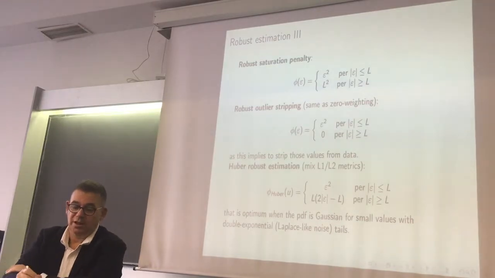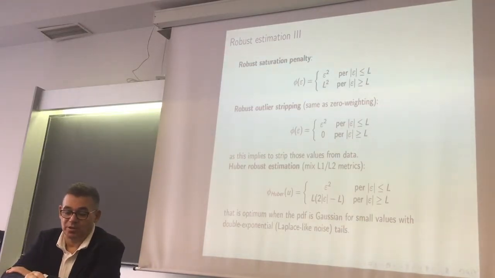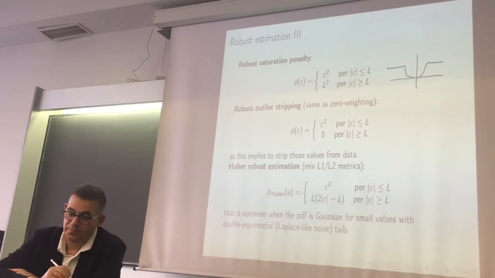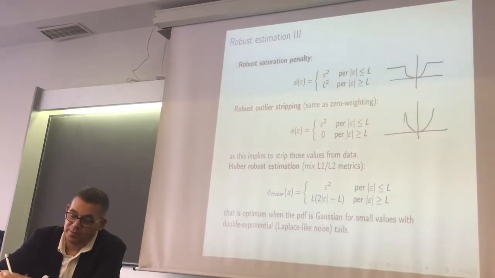So, these are the analytical expressions. The robust saturation penalty, which is the one that I was describing to you, is quadratic, then a constant. Another one is robust outlier stripping, which is quadratic, but if it is too big, then I strip the sample.